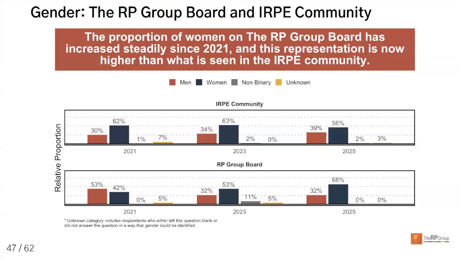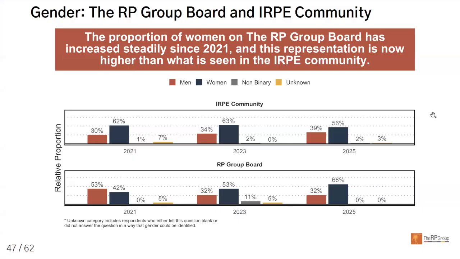So the IRPE community and the RP board is our comparison. And the proportion of women on the board has increased steadily since 2021, and this representation is now higher than what it was in the IRPE community, which is great to see.